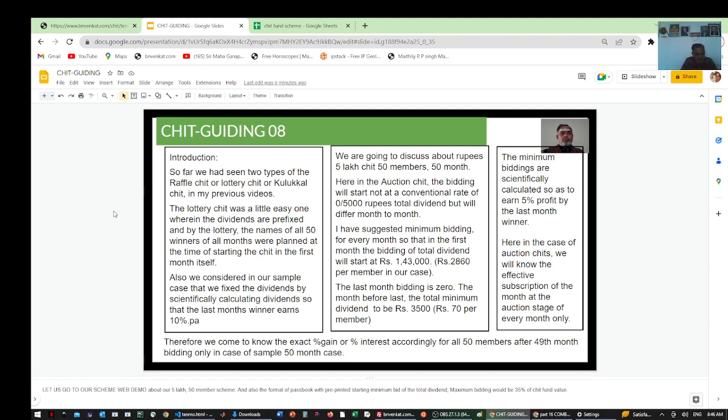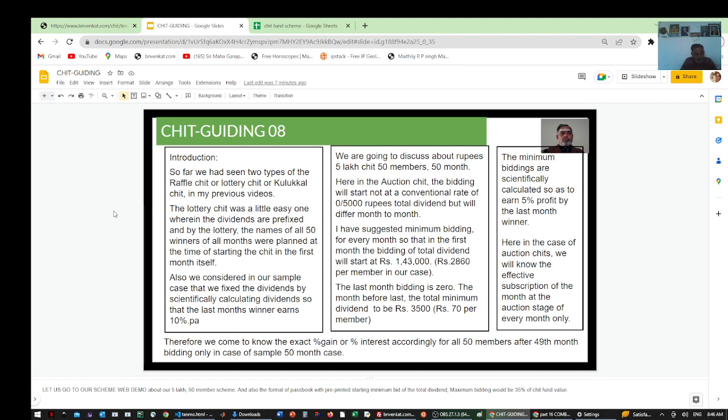Also, we considered in our example that we fixed the dividends by scientifically calculating dividends so that the last month winner earns 10% per annum. That is, this is the controlling IRR, controlling internal rate of return.